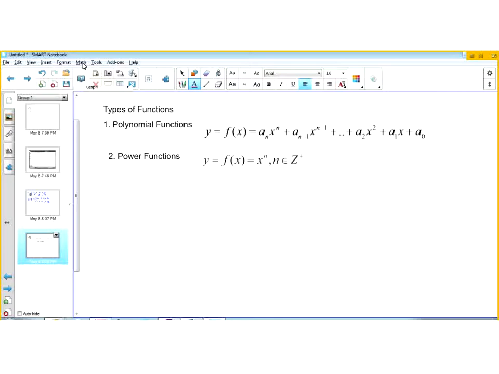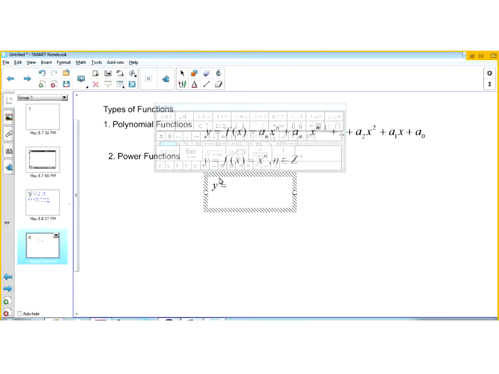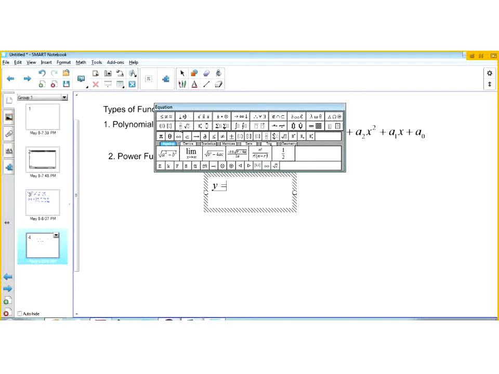Power functions can also be written as rational functions as well. So we could have, for instance, something like y is equal to 1 over x.